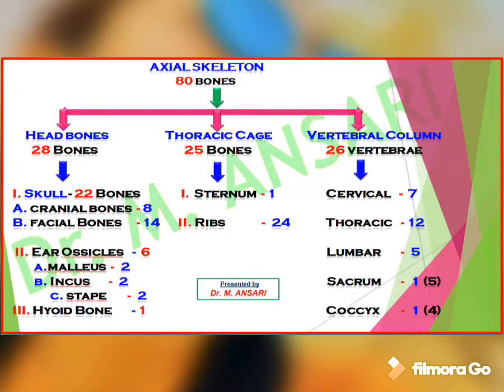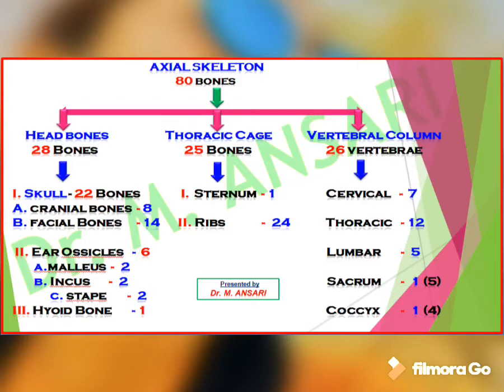But according to NCERT, skull consists of 22 bones, that is in the skull only 2 sets of bones are included, cranial bones and facial bones. Fine. So skull, ear ossicles and hyoid bone, present in head region, together are called head bones.